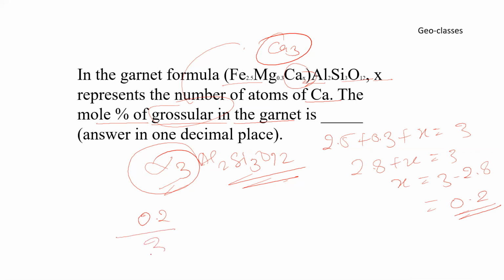How will we calculate the grossular percentage? The mole percentage which is available out of the whole. So this becomes 6.67 something. Is it clear? If there are any issues, please let me know, type in the comment box.